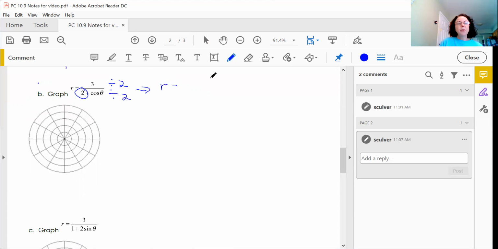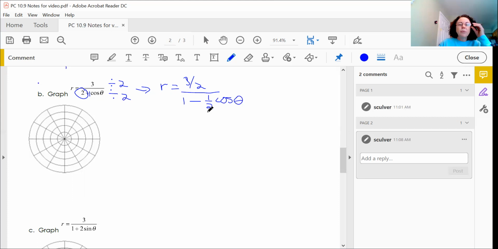Because if you divide the numerator and denominator by 2, it really is keeping an equivalent fraction. So we have 3 halves in our numerator, and in our denominator, 2 divided by 2 is 1 minus, there was really a 1 in front of the cosine. So now there's a 1/2 in front of our cosine. There we go. So here's our equivalent fraction, right?